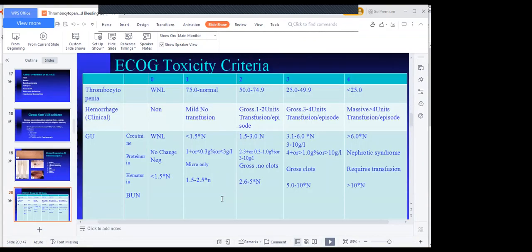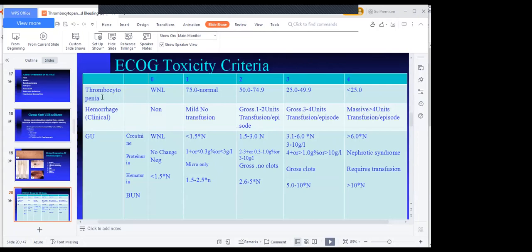I would like to share a few of the ECOG toxicity criteria, where the thrombocytopenia grading is 0, 1, 2, 3, and 4, and it is in our BMT nursing manual.